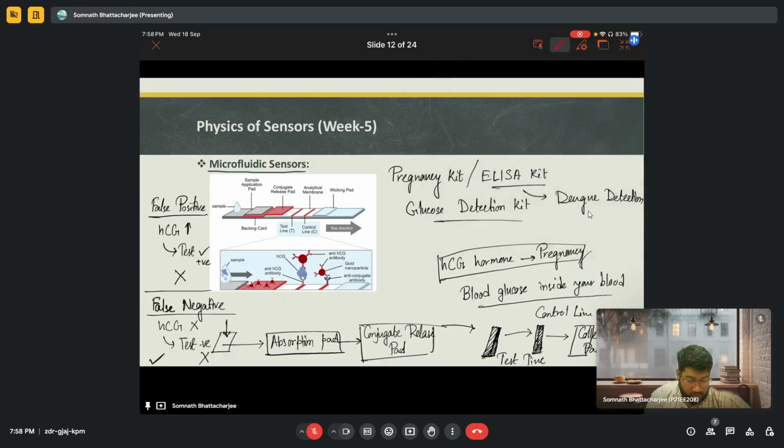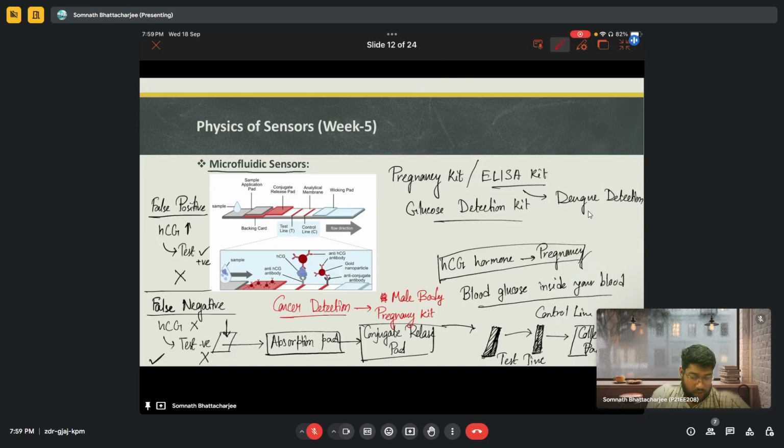So like for cancer detection, we can use this, where even in a male body, we can use these pregnancy kits to know if there's any abnormality.